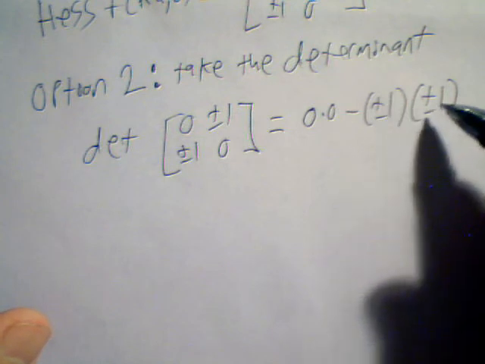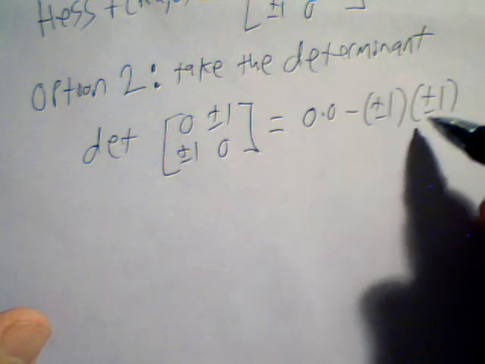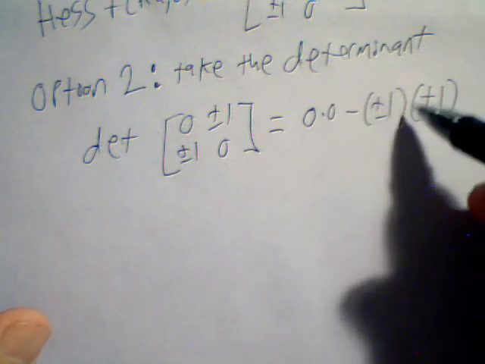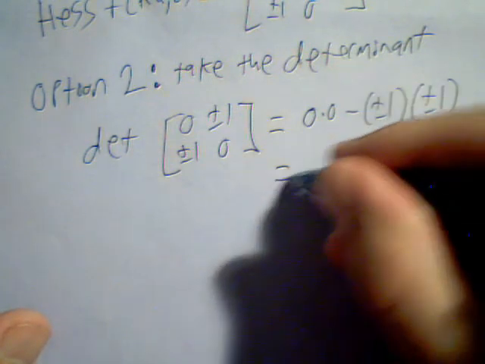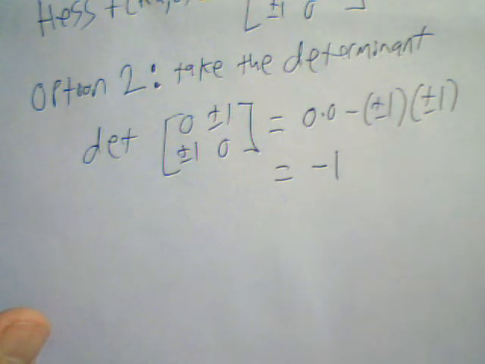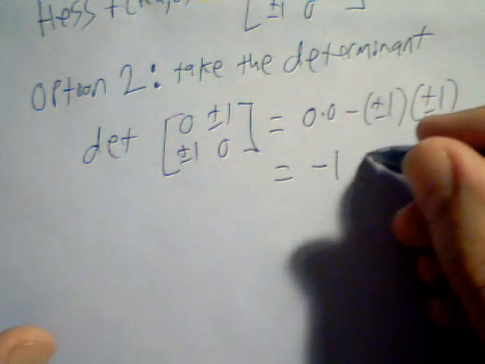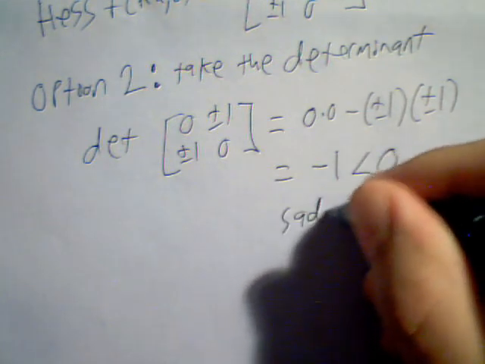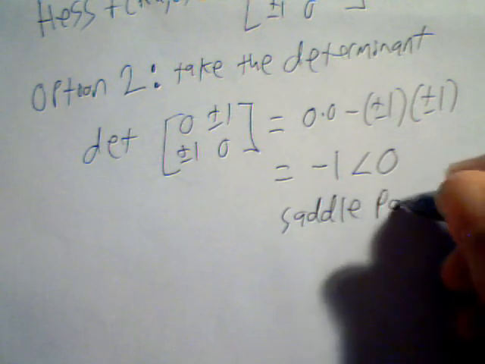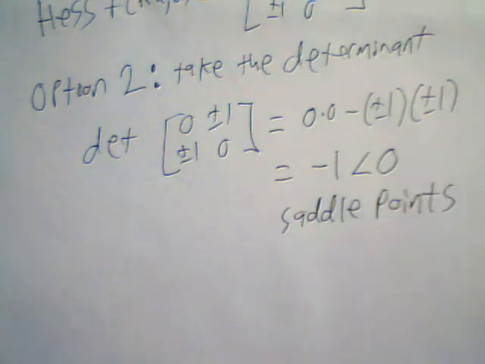It doesn't matter if it's positive or negative, it turns into positive 1, but with the negative on the outside, I get 0 minus 1, which is negative 1. So the determinant is less than 0. A determinant less than 0 means it's a saddle point, or rather they are saddle points. There are a lot of points we're looking at, all of our k pi's.